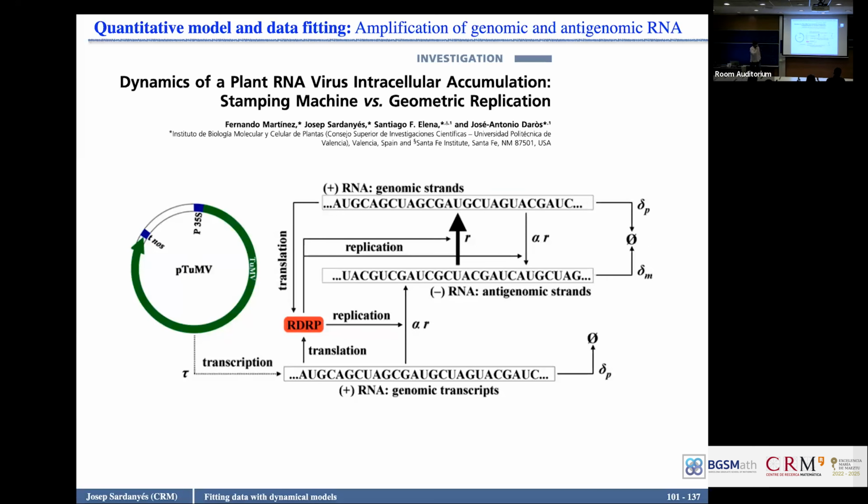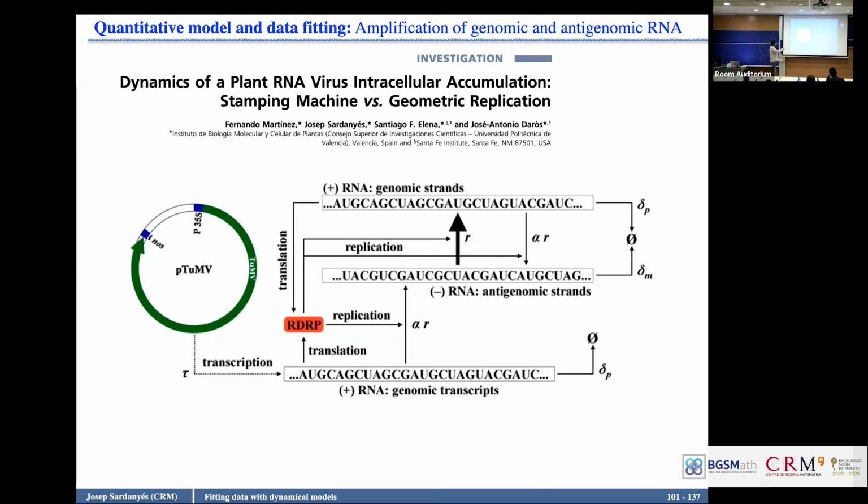So what they did is they took a plant virus, the tobacco mosaic virus. They introduced the genome of the virus in a plasmid, that is this thing, and this is a genetic construct, and then they put this construct inside plant cells. This construct is transcribed and translated as well.